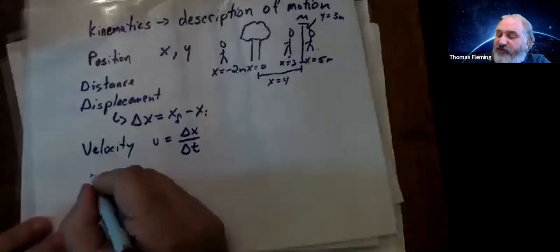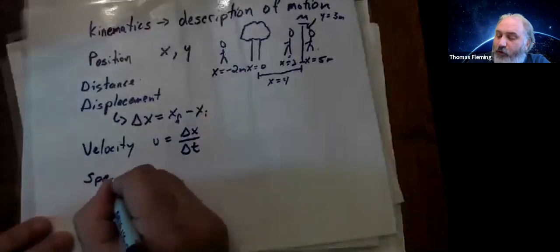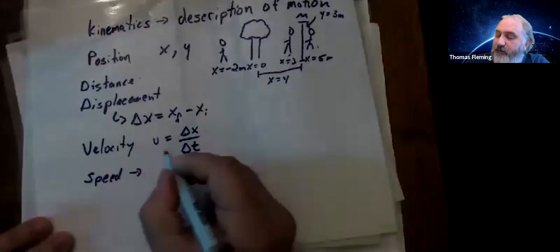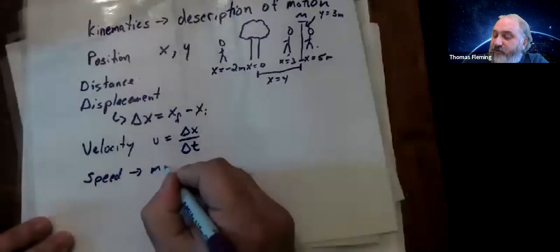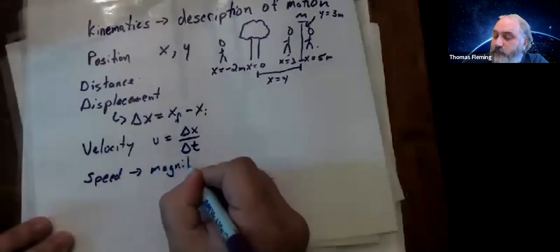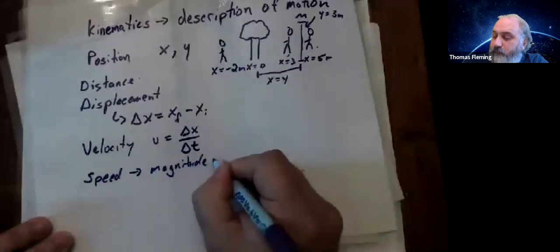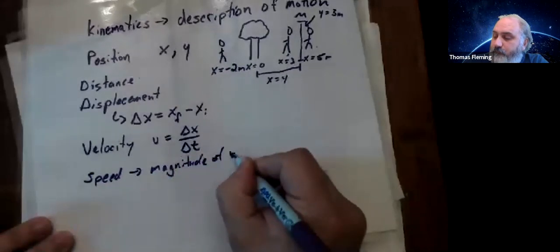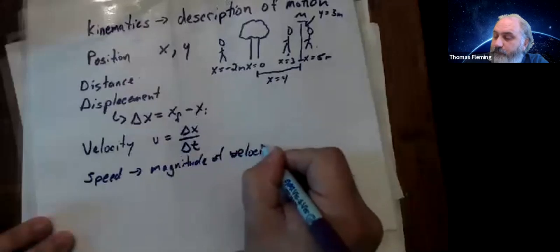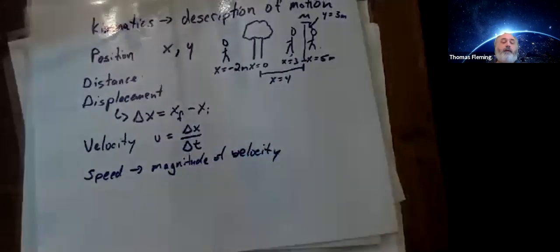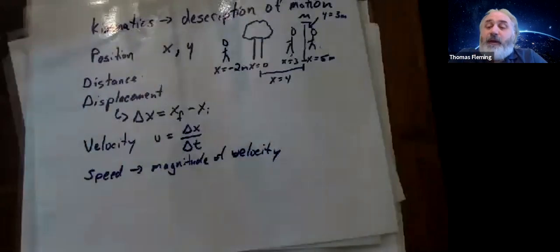By contrast, a related term, speed, is just the magnitude of that change. Which means if I ask you what the speed of an object is, I don't care what direction it's moving.